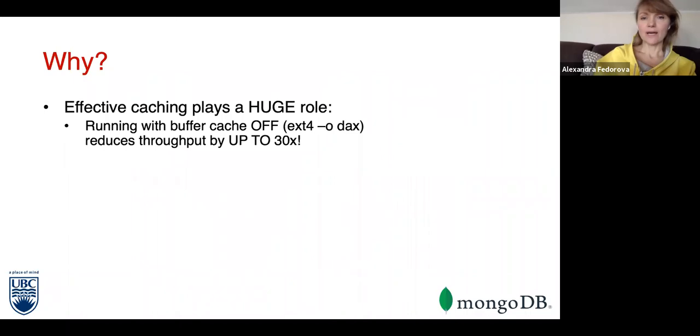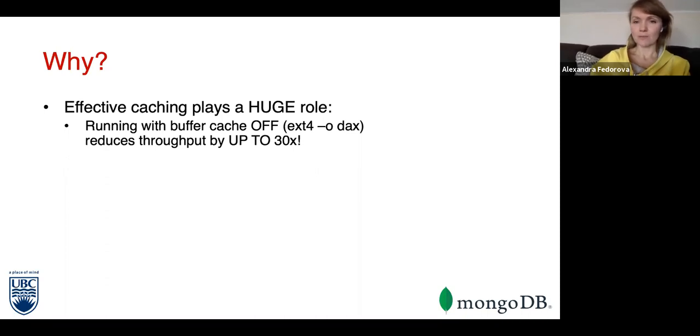So why did we see no performance improvements from using storage class memory? In this particular case, caching plays a huge role. We turned on the OS buffer cache, and in addition to that, WiredTiger also has its own internal cache.